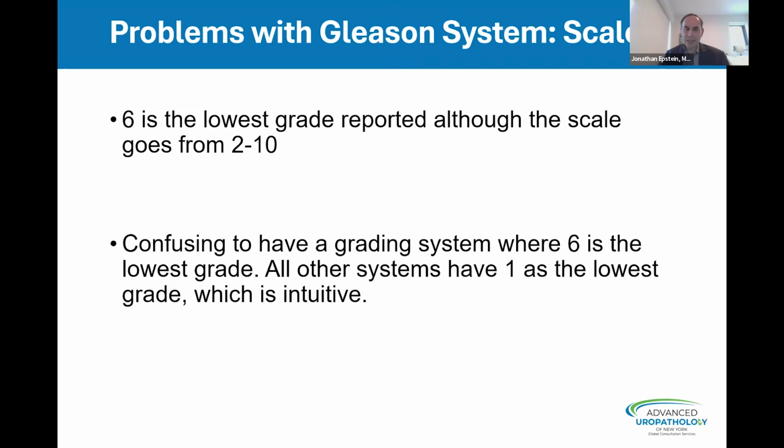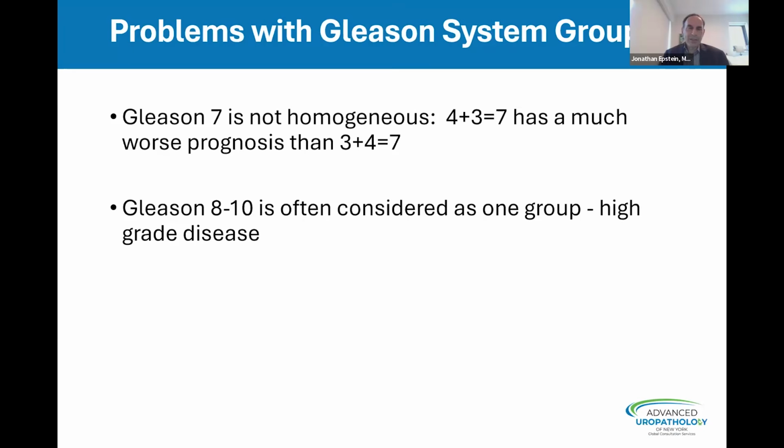It's confusing to have a grading system where 6 is the lowest grade. Every other grading system in the human body for every other tumor, grade 1 is the lowest grade, and that's intuitive. Gleason score 7, if you just tell somebody they have a Gleason score 7, that's also misleading because, as I mentioned at the onset, Gleason score 7 can be a 4 plus 3 equals 7 with more 4 than 3, and that has a much worse prognosis than a tumor with more 3 than 4, which is also a 7, but it's a 3 plus 4 equals 7.